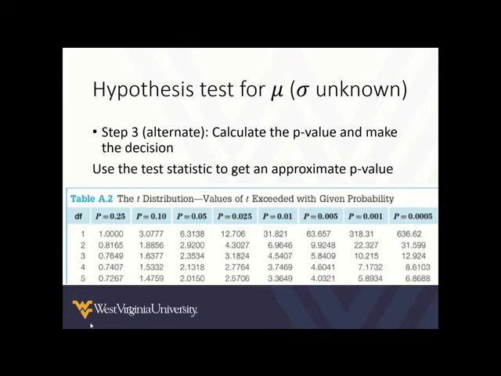So hypothetically speaking, say that we had a sample of 5, which would imply our degrees of freedom is equal to 4, and we were given an alpha level of 0.05, and we'll assume this is a one-sided test.